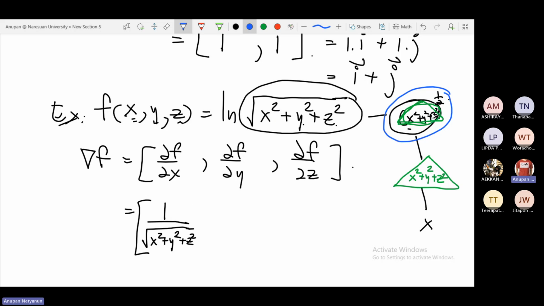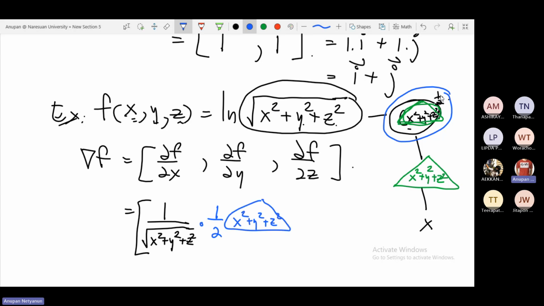Now you have to take derivative of this with respect to the triangle, but you have triangle to the 1/2. Take derivative with respect to the triangle, so you are going to bring down the power, right? And then you have the triangle, which is x squared plus y squared plus z squared.